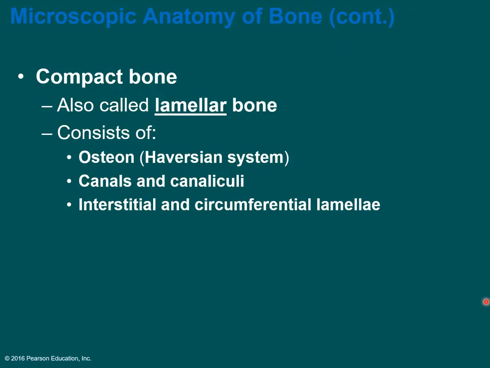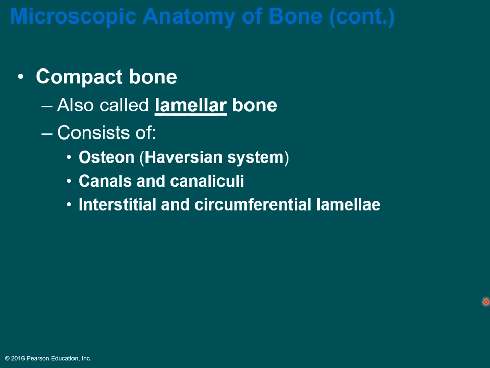Just to give you an idea, one of the stimuli that it may be receiving may be, what is the concentration of calcium in your blood? That's a huge thing that is involved with this balance between the osteoclast and the osteoblast, because excess calcium is stored in the bone matrix.